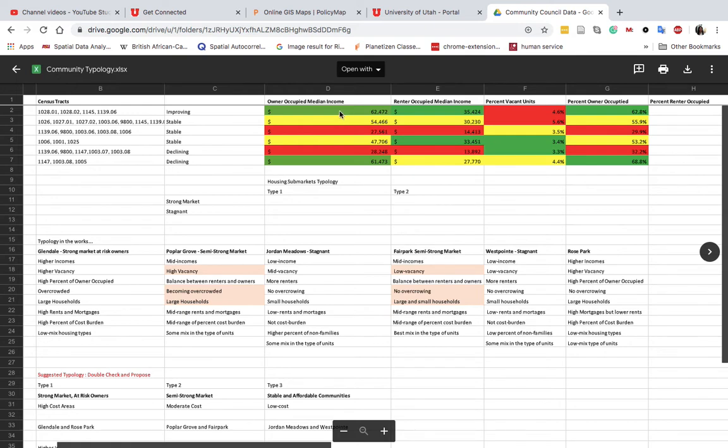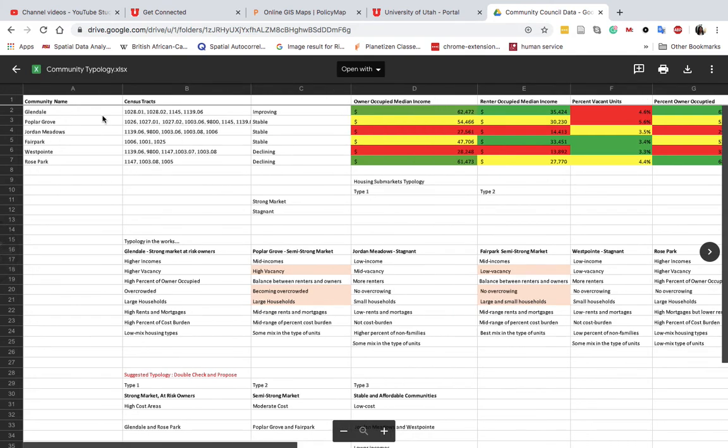Green means that it is kind of high in Glendale, so there are higher incomes there for homeowners. Rose Park is also high, and you can see here that Jordan Meadows and Westpointe are really low, while Poplar Grove and Fairpark are more in the middle, right?